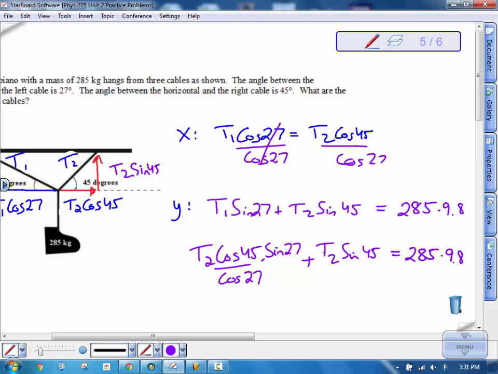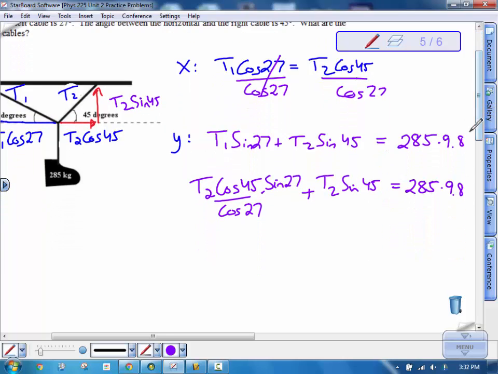So I'm going to have to multiply this number out and then add it with this number and then divide to the other side. So it's just solving with algebra now. But if you do that, you'll get, and I've practiced that for sure, it's a little tricky with these numbers, but you'll get t sub 2 equal 2,616.6 newtons.